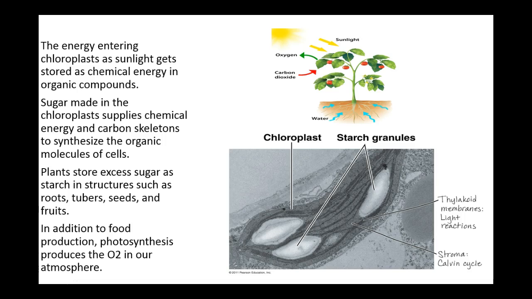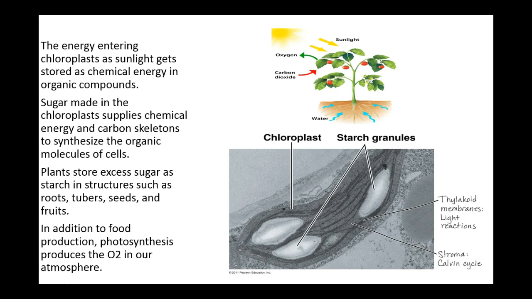The importance of it is the chloroplasts have the ability to capture energy from sunlight and store it as chemical energy in organic compounds like starch granules. You see them here. Sugar is made in the chloroplast, supplies chemical energy and carbon skeletons to synthesize organic molecules of the cell.